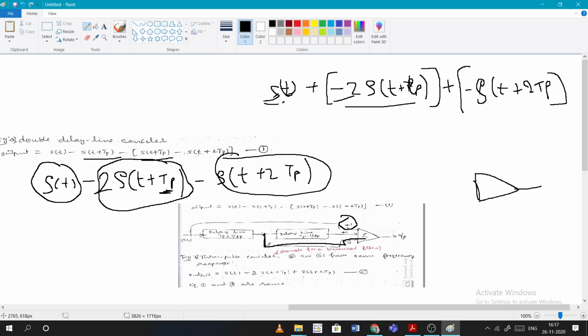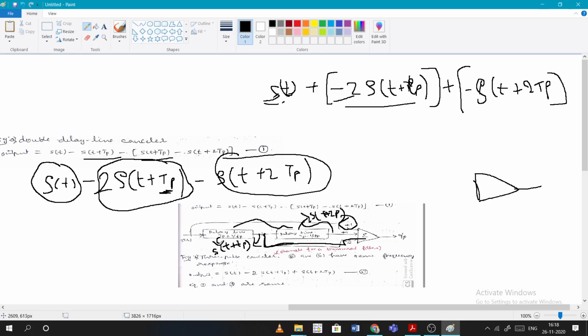Here it will be s of t plus tp, and here it will be s of t plus 2tp, because it passes through here and then through here.